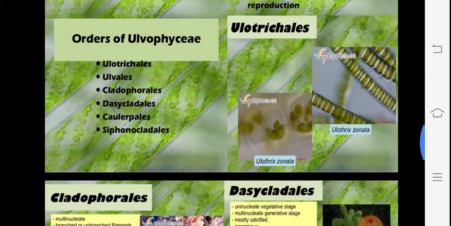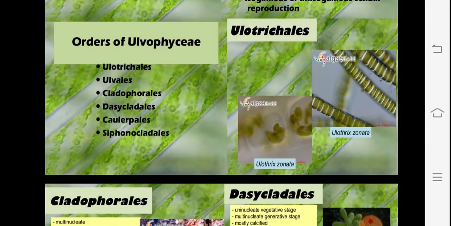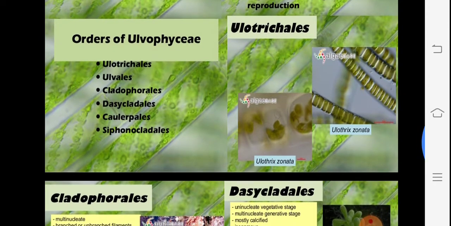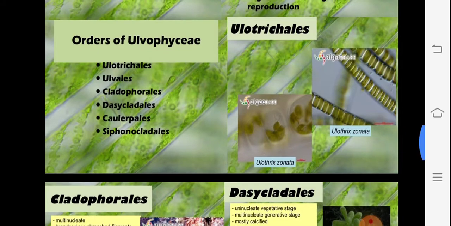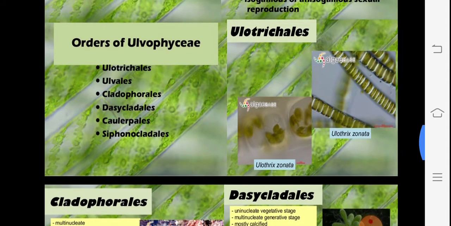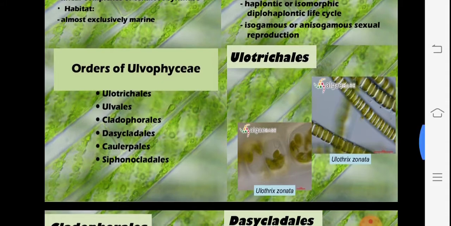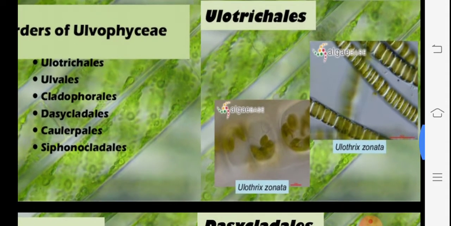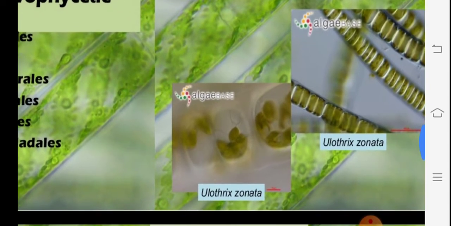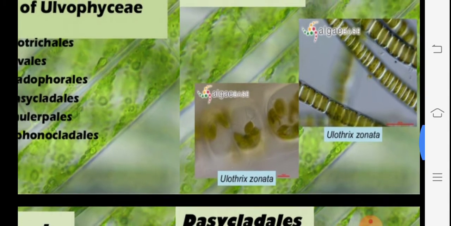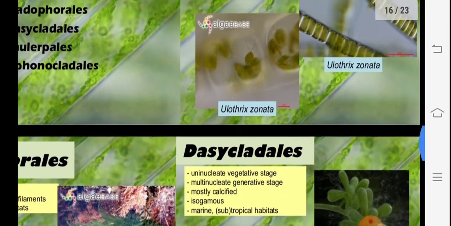Then in Chlorophytes, others are there: Ulotrichales, Ulvales, Cladophorales, Dasycladales, Caulerpales, and Siphonocladales. We will see them one by one. We know Ulothrix. Zonata is a species. It shows a girdle-shaped chloroplast and is filamentous.